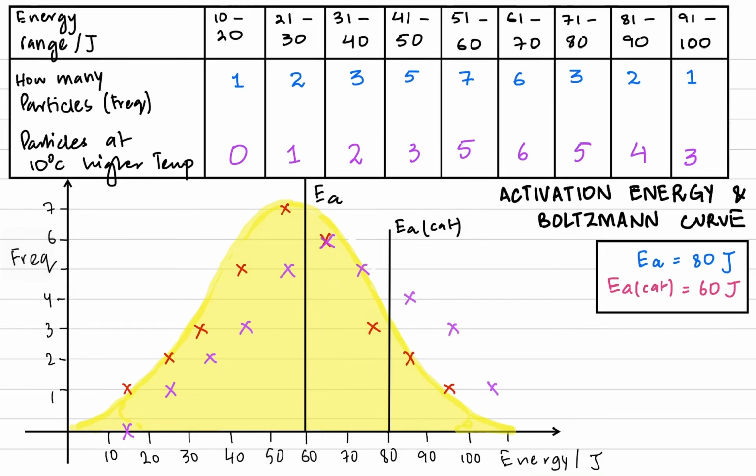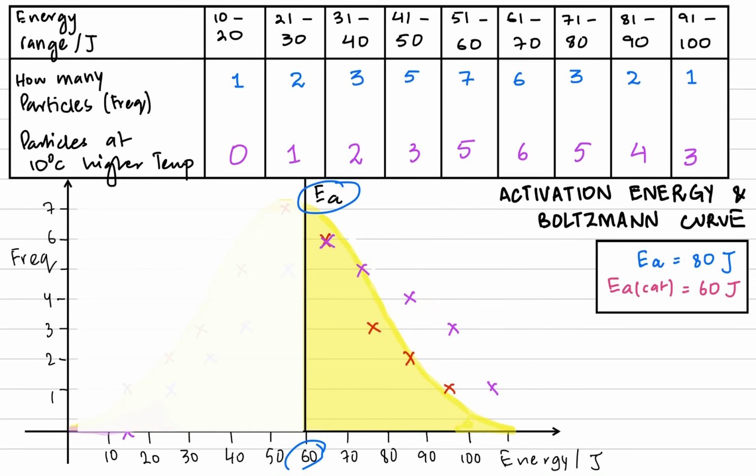When we plot their graph, we get this purple normal distribution curve. Now if you notice, the activation energy was 60 joules like last time, and if you notice the yellow curve, which was the curve with lower temperature, the area under the curve is smaller. But in the purple curve, the area is bigger.